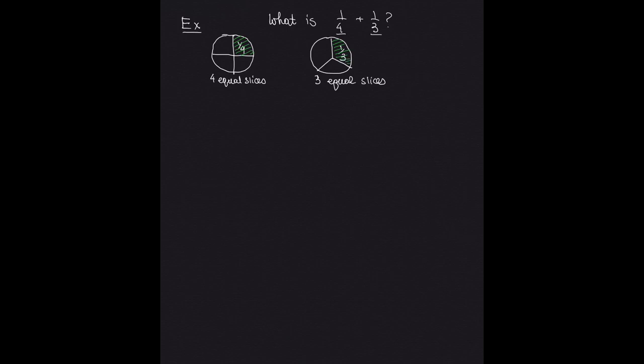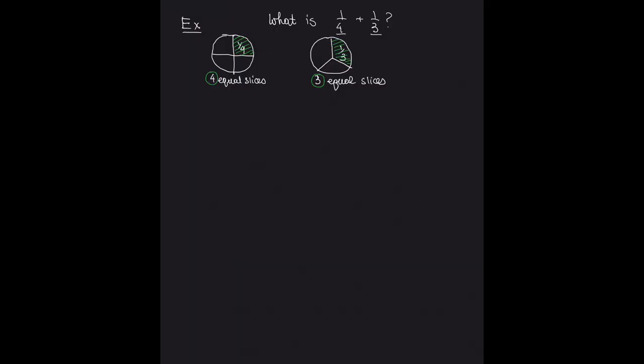So if we put these two slices that are shaded in green color together, what portion of a cake is that going to be? The difficulty of this example compared to the previous example is that the first cake is cut into 4 equal slices, and the second cake is cut into 3 equal slices.